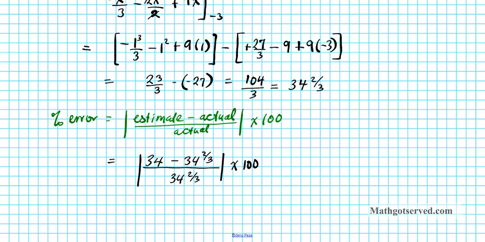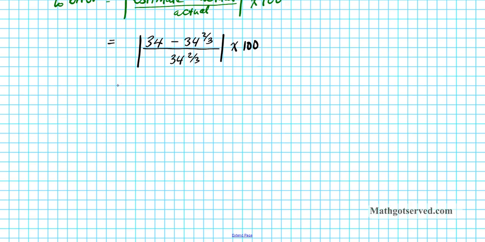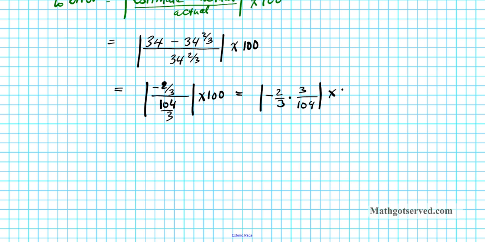If we do this by hand, the numerator is negative 2/3, over, writing the mixed number as an improper fraction like we had before, 104 over 3. Absolute value of that times 100, which equals negative 2/3 times 3 over 104 times 100.